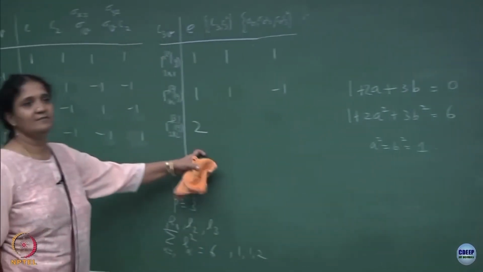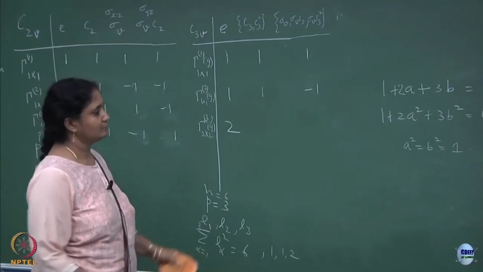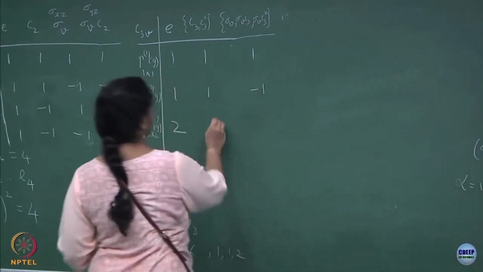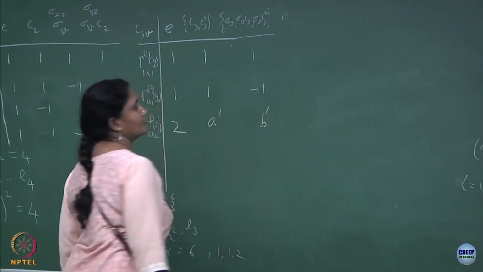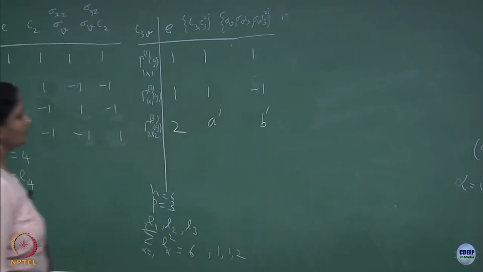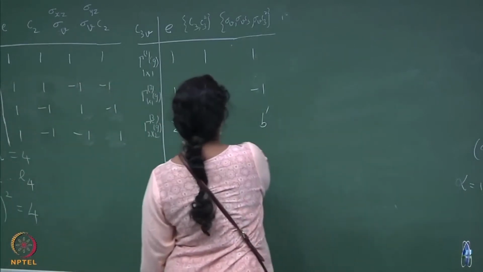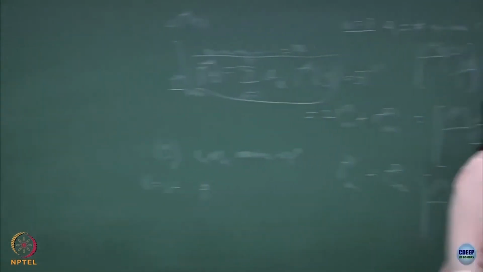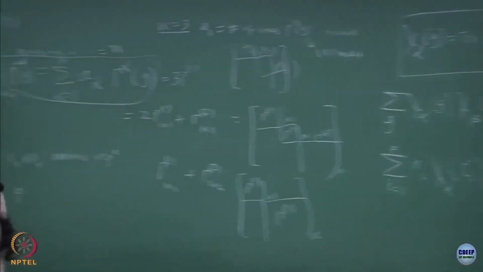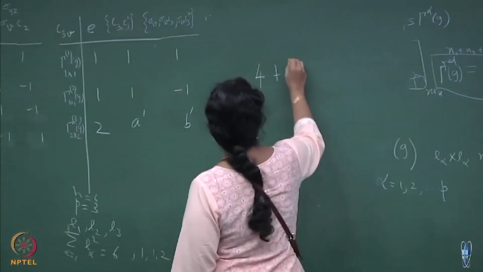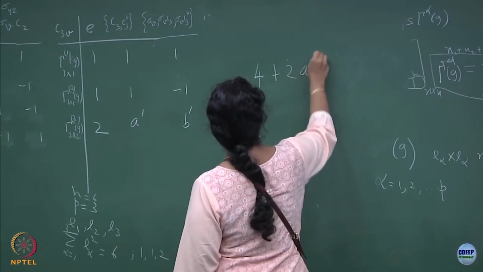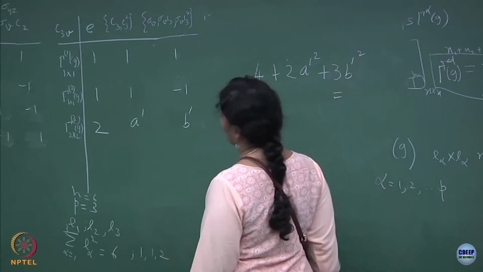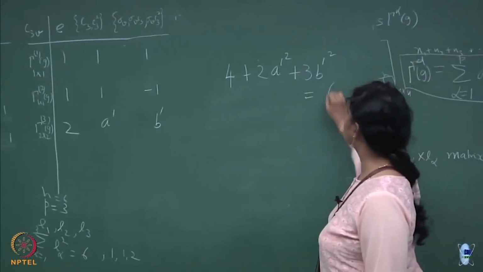Now, let us come to this. Just taking the square of this, with alpha and beta the same, will give you the square. So that will be 4 plus 2 times a prime squared plus 3 times b prime squared, it has to be equal to 6.